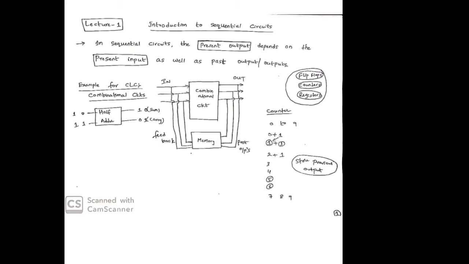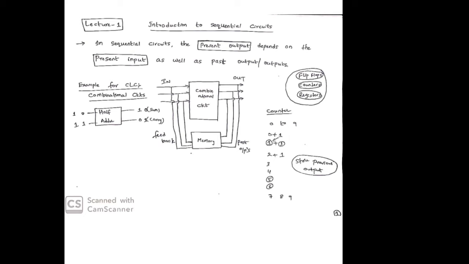A combinational circuit is a circuit whose present output is dependent only on the present input. Here you need to use the word only, because it doesn't depend on any past history of the output or outputs. There is no requirement of memory in a combinational circuit.